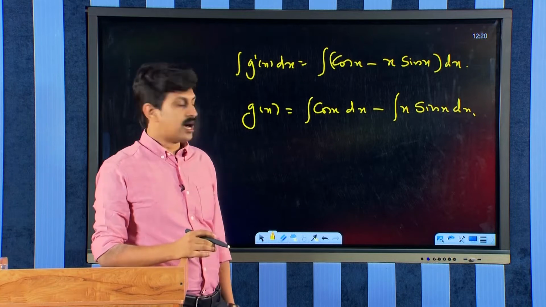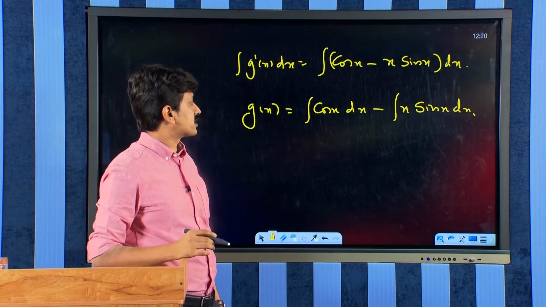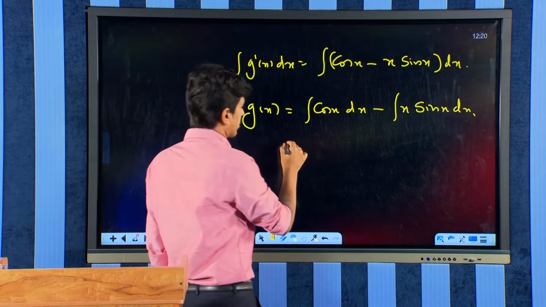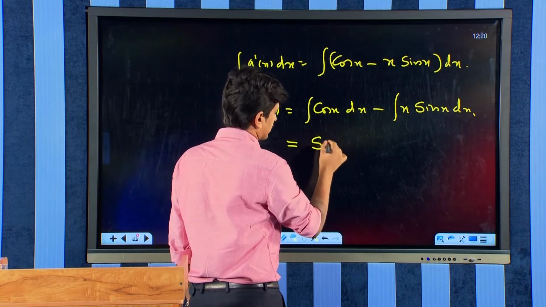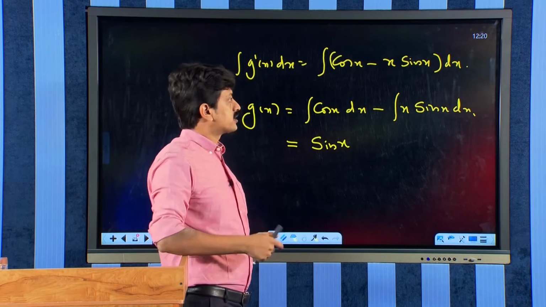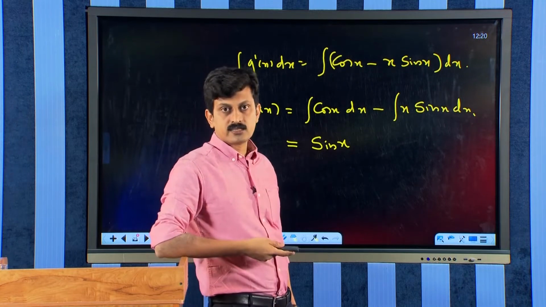Okay. The integral of cos x is sin x, minus the integral of x sin x.